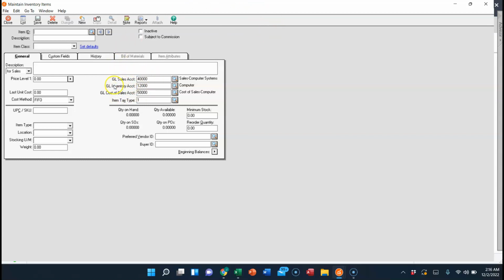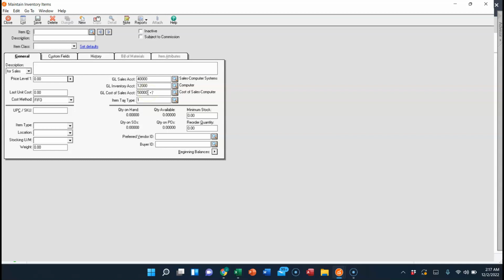These are the 3 general ledger accounts that every single stock item will require for you to enter, so that the computer knows which accounts will be affected when goods are purchased and which accounts are going to be affected when goods are sold. So you need the sales account, an inventory account, and a cost of sales account.